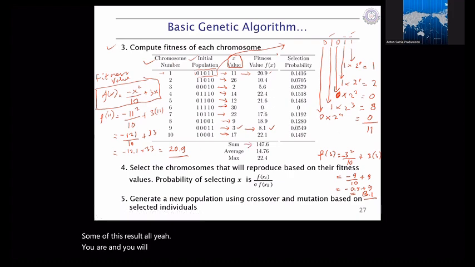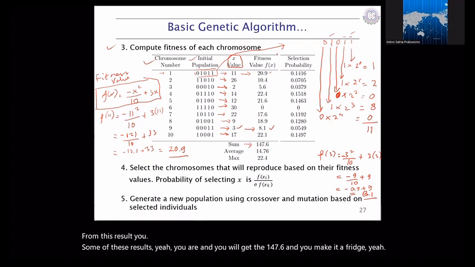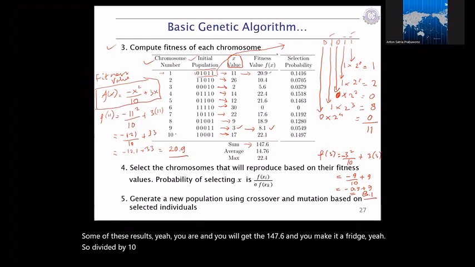From these results you sum them and you will get 147.6, and you make it average, so divided by 10, because the number of chromosomes is 10, so we will get 14.76.